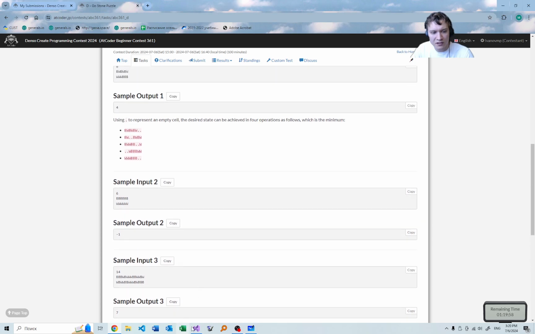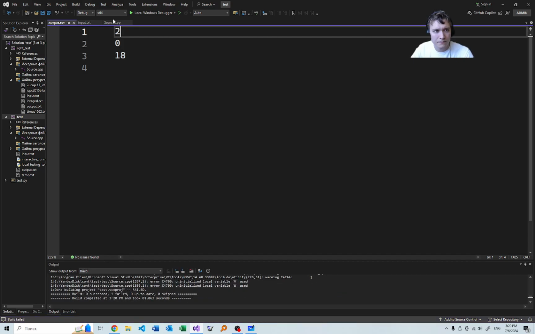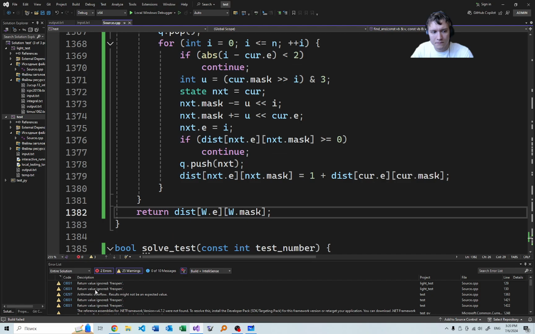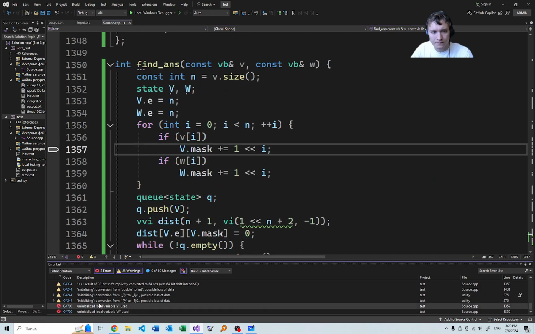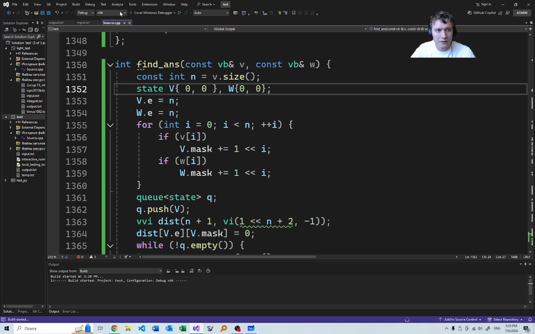So we have 4, minus 1 and 7. Do it like this. Thank you, Visual Studio.